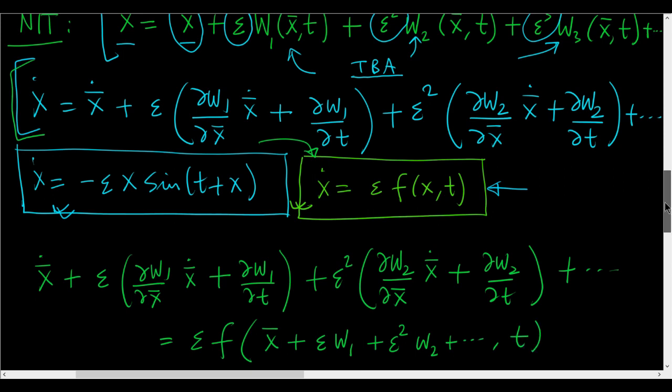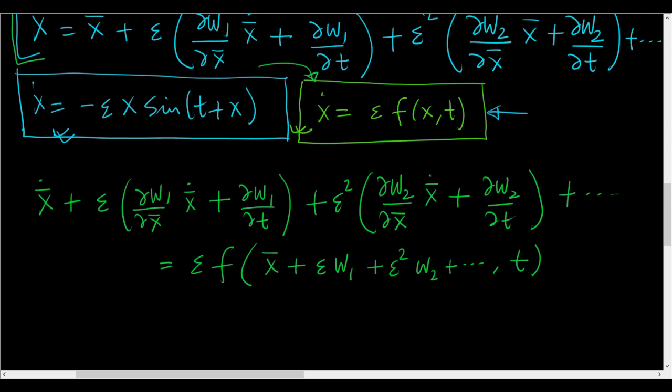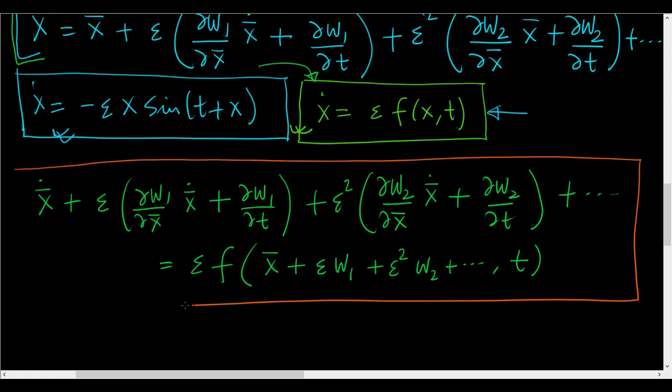I think you really need to pay attention to this and understand the structure. All the x bar dots are still on the left hand side. On the right hand side I have substituted the near identity transformation.